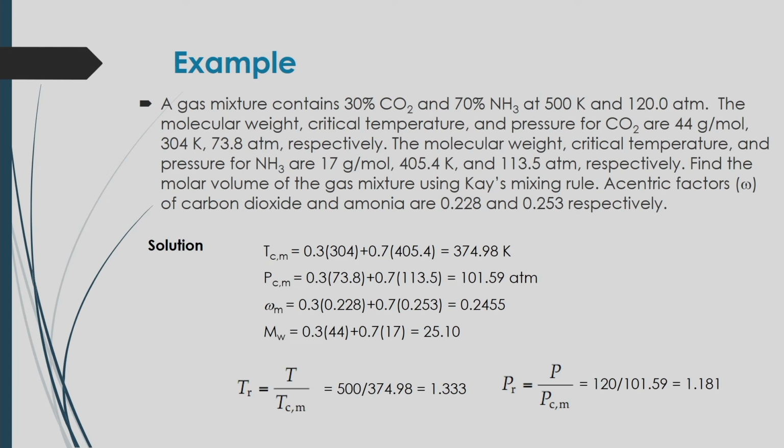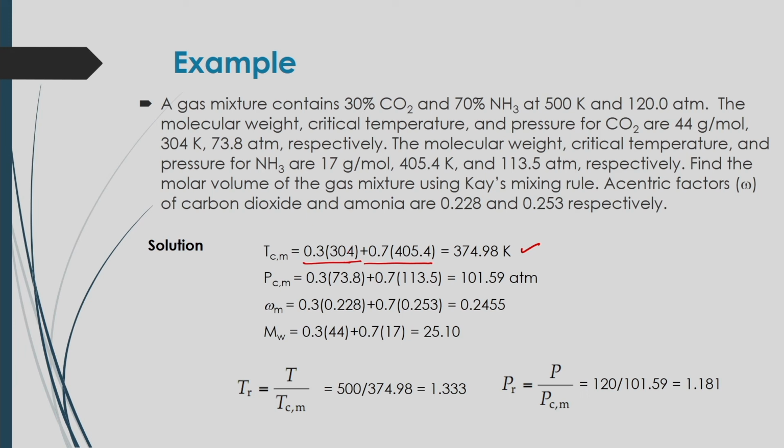To find that, first calculate what will be the TCM for that mixture. Since the molar fractions are 30% and 70%, you simply multiply the molar fraction, as here 0.3 into 304 plus 0.7 into 405.4.